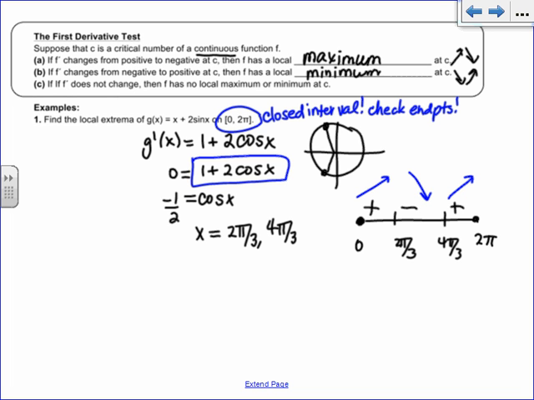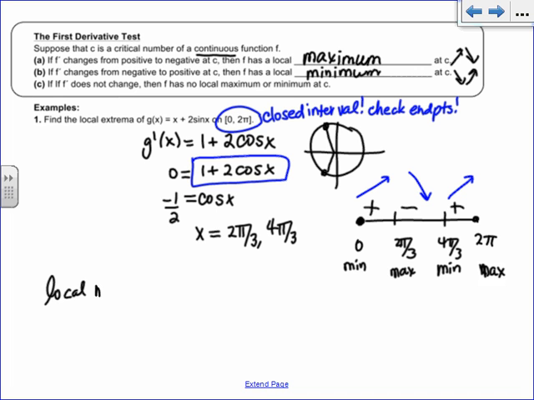When we talk about our local maxes and mins, we actually have 2 local mins and 2 local maxes. Do you see where they're located? This one is a min, and 4 pi over 3 is a min, 2 pi over 3 is a max, and 2 pi is a max. This is because the graph ends; there are endpoints on the graph. It's a closed interval, so we have to write down all of them.